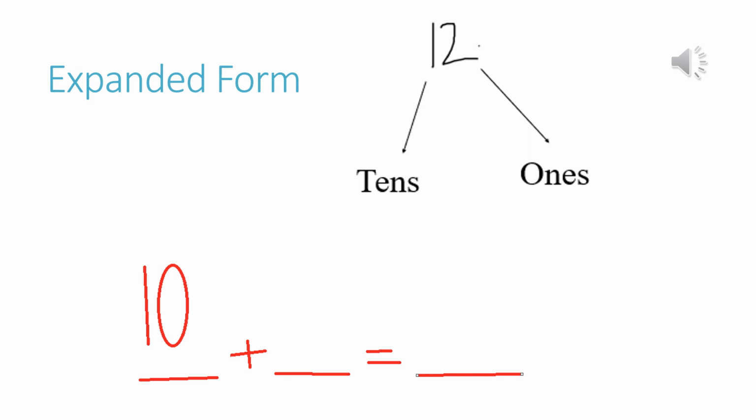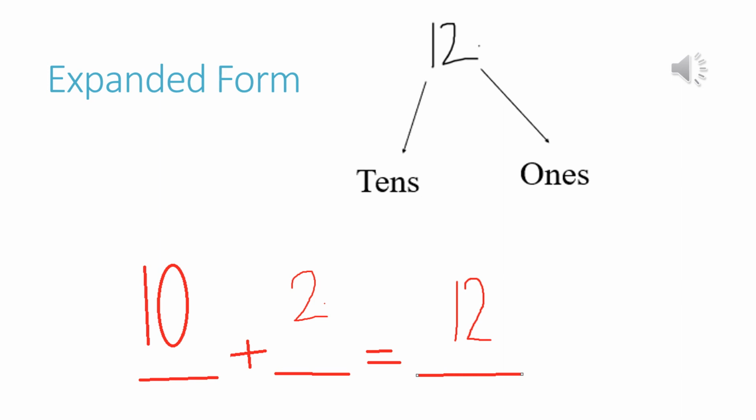But it's not going to be 1, because 1 ten means 10. So that means that we're going to write the number 10. Looking at the equation, I could say that 10 plus 2 equals 12.